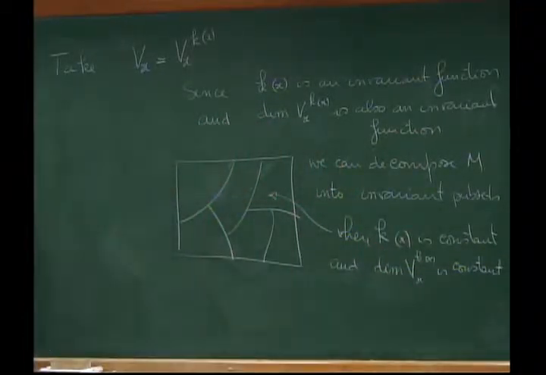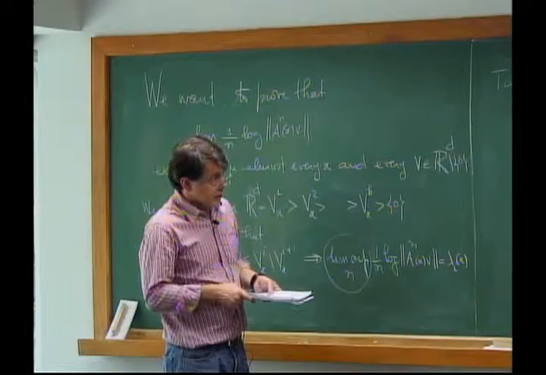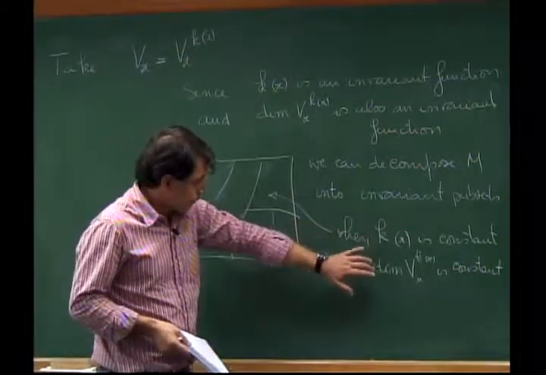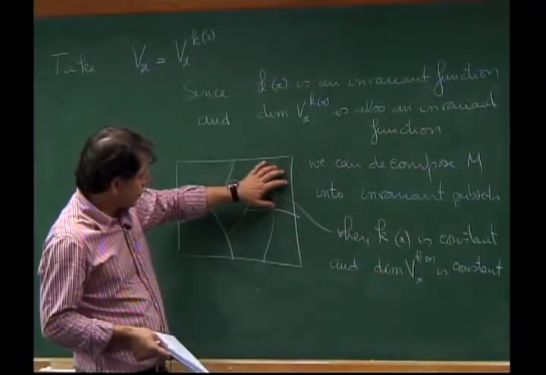Just fix the values I want for k and for the dimension, and then the set of points where k takes this value and the dimension takes this value is an invariant subset.